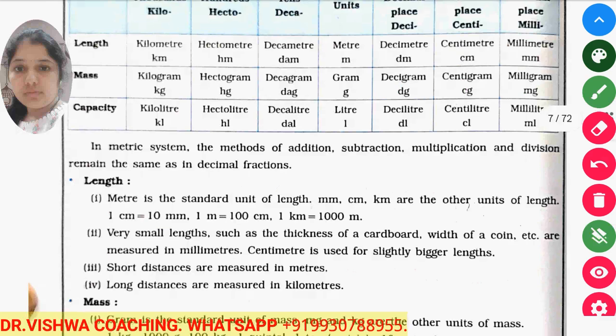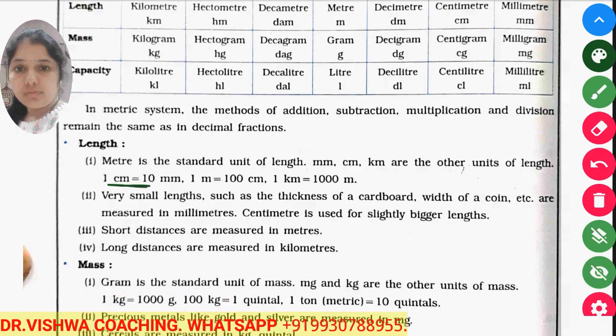So 1 centimeter is equal to 10 millimeter, 1 meter is equal to 100 centimeter and 1 kilometer is equal to 1,000 meter. How? Now see, this is kilometer, 1,000 meter, 1 2 3 places. So 1,000 meter. Like this you can convert the units into each other.